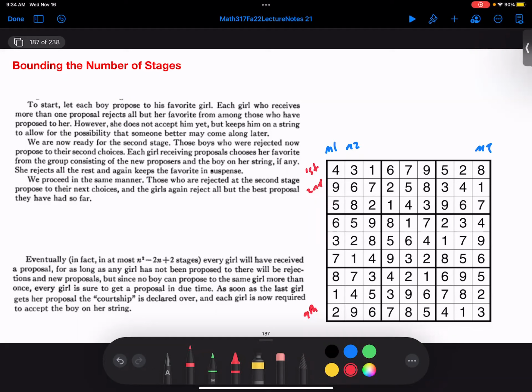I'm sorry, why n squared? Can someone explain why there's at most n squared stages? What would be the worst case in terms of taking the most time to get through everything?